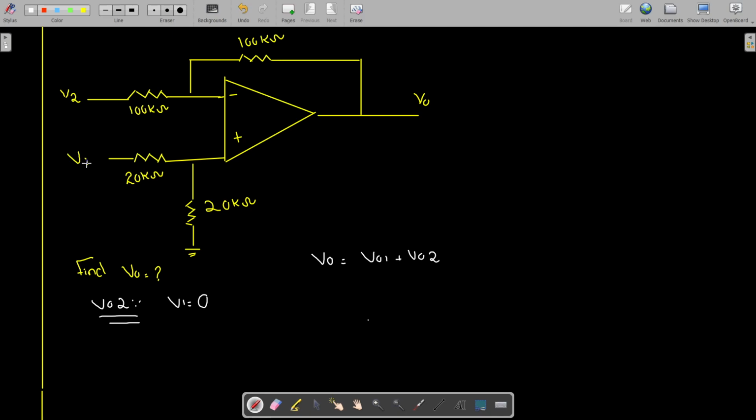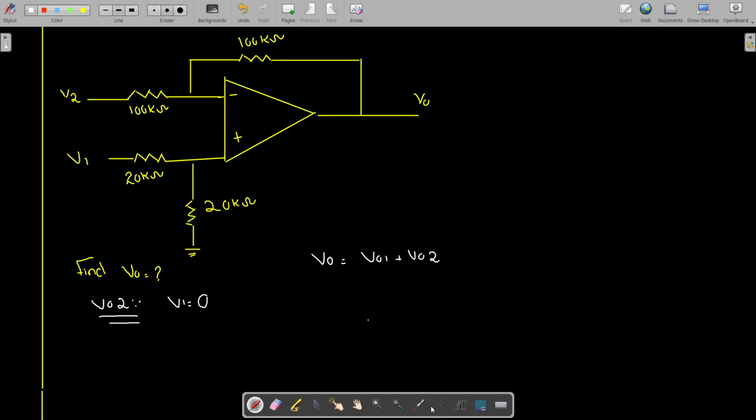And when this V1 is equal to 0, this whole portion will be grounded, because we are going to have ground over here, so this will be shorted, and we are going to have ground over here. So if I simply redraw this circuit, this whole portion is going to be grounded. So the positive terminal is going to be grounded, and then I am going to have an inverting op amp.